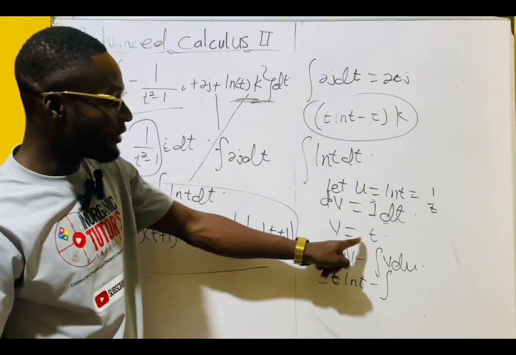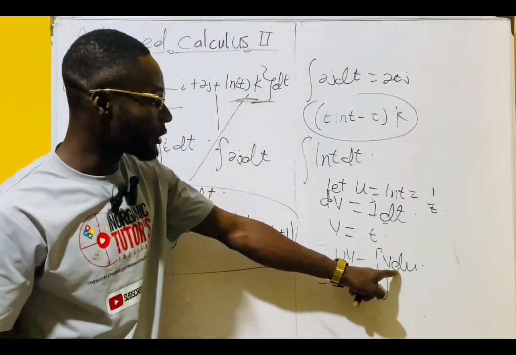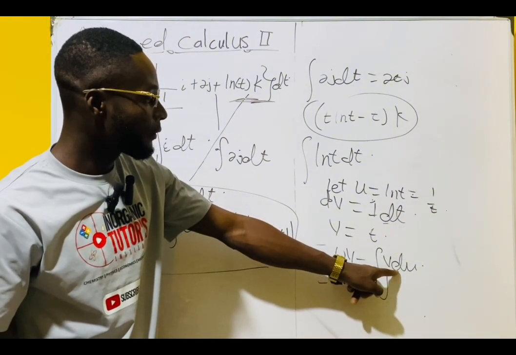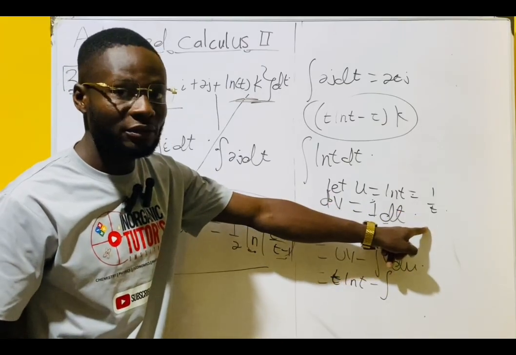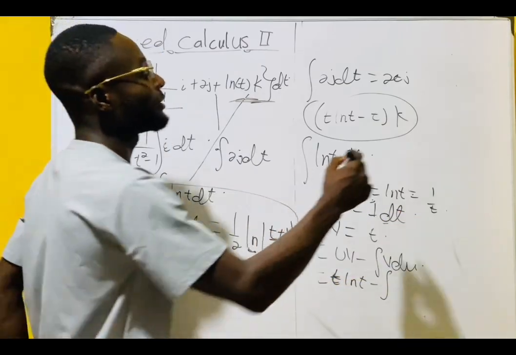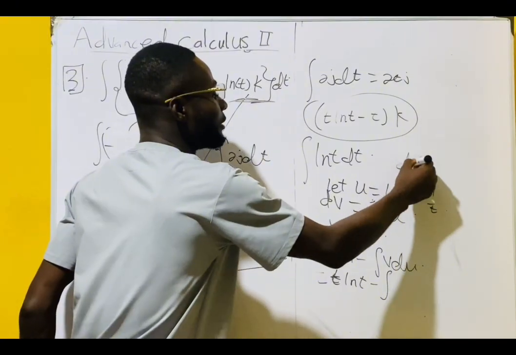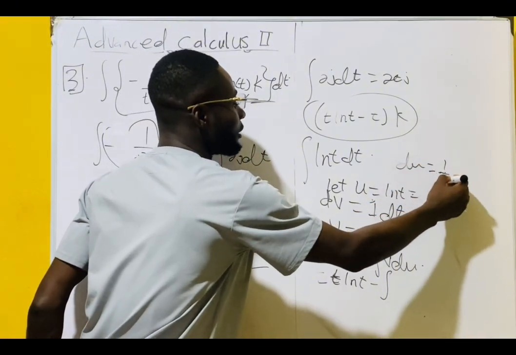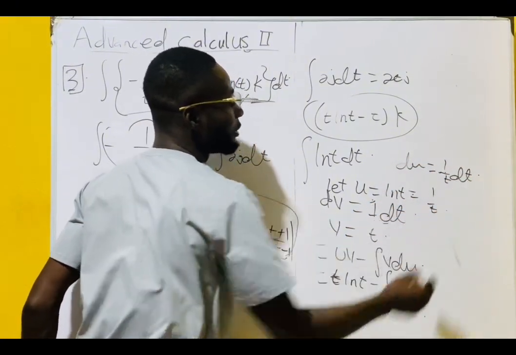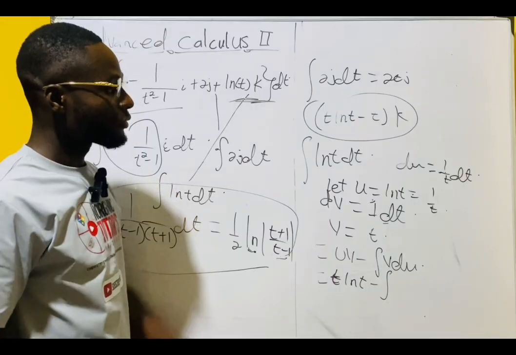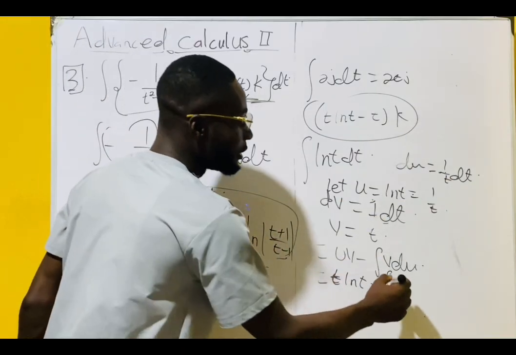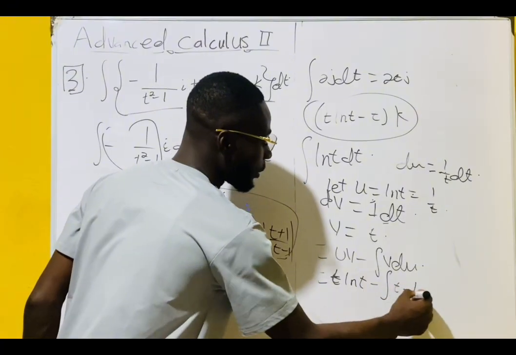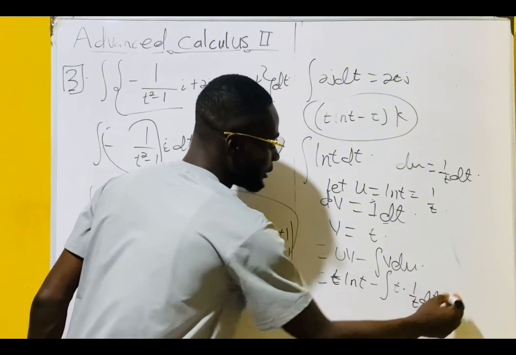Here du equals 1 over t dt. So this is t times 1 over t dt.